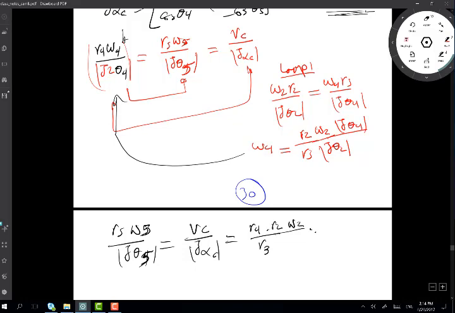So you have J theta 4 over J2 theta 4 multiplied by J theta 2, those determinants together.